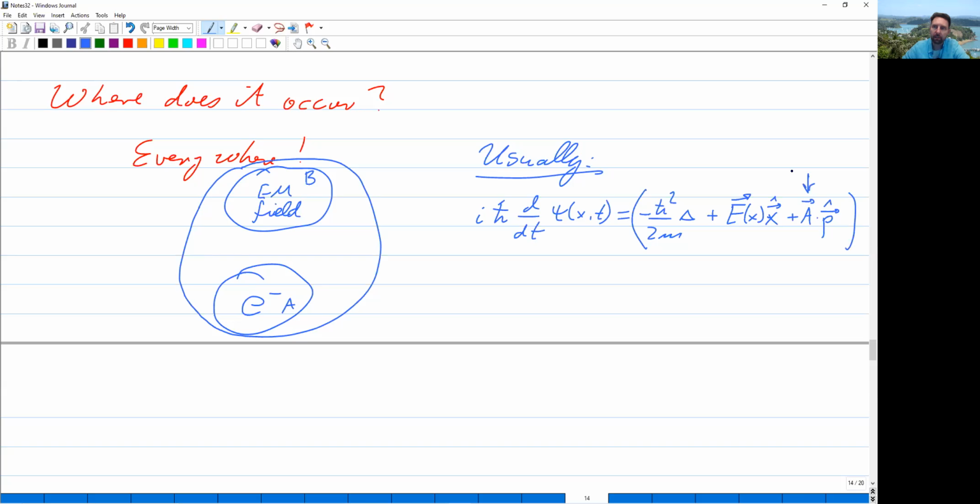And here, these fields are usually treated classically. Classical EM fields. Right? That's usually what one would do.